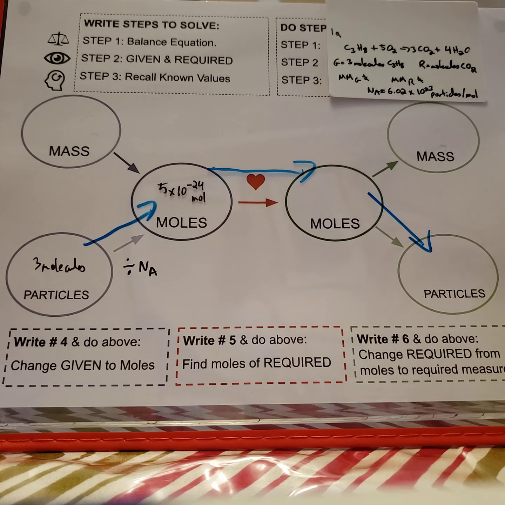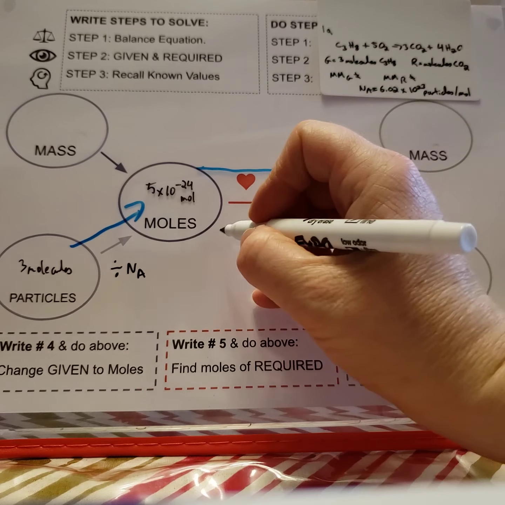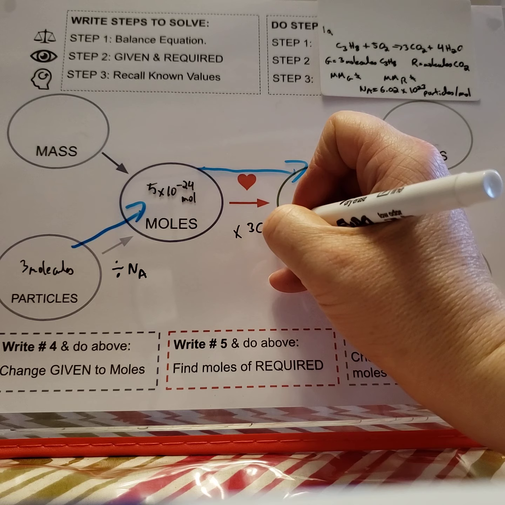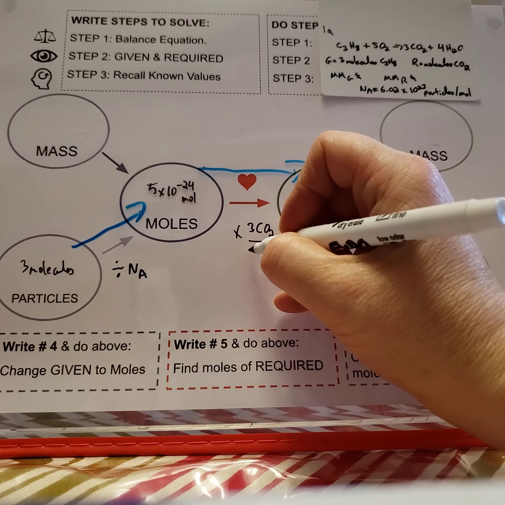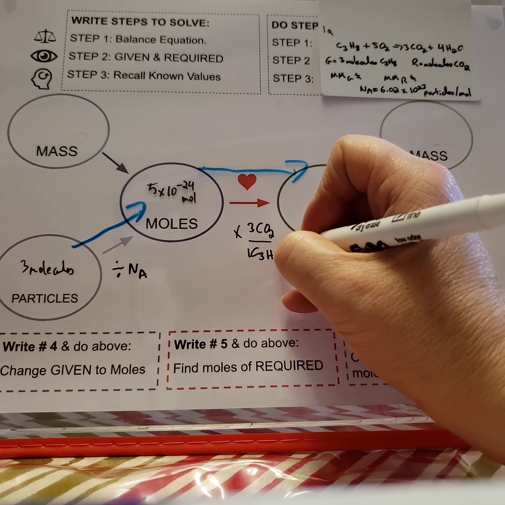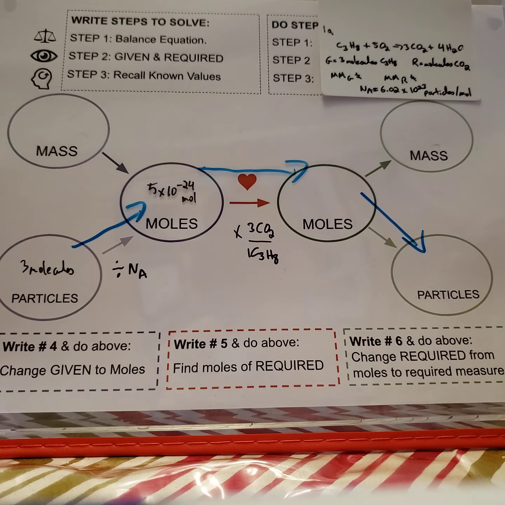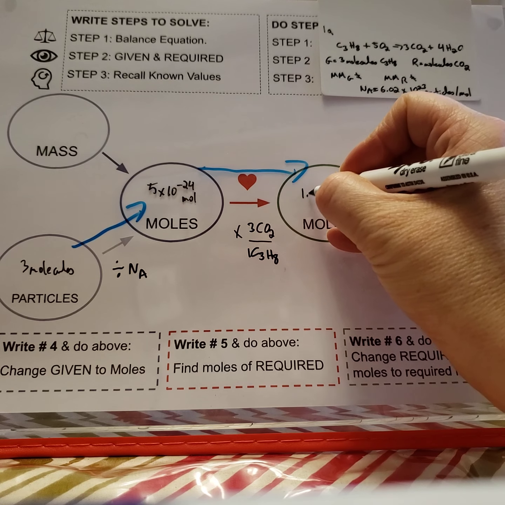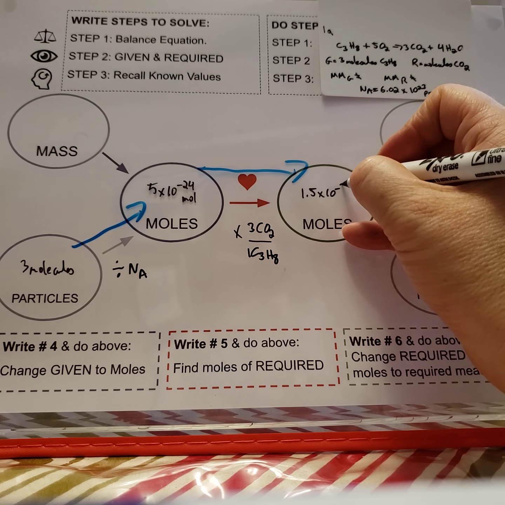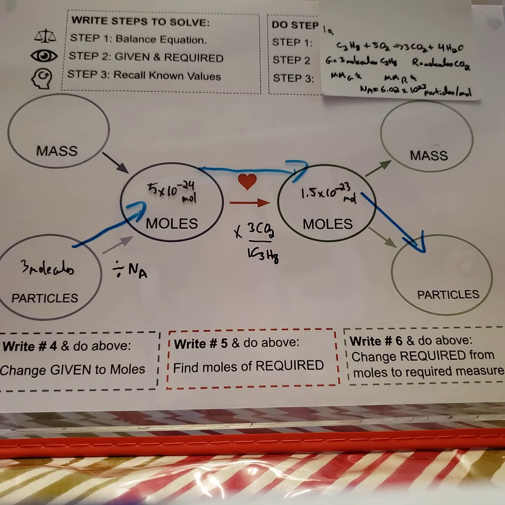All right, so let's convert through our molar ratio. Times 3 CO2s to every 1 propane. All right, so take our number of moles times 3 divided by 1, and we're going to get 1.5 times 10 to the negative 23 moles now of our required CO2.